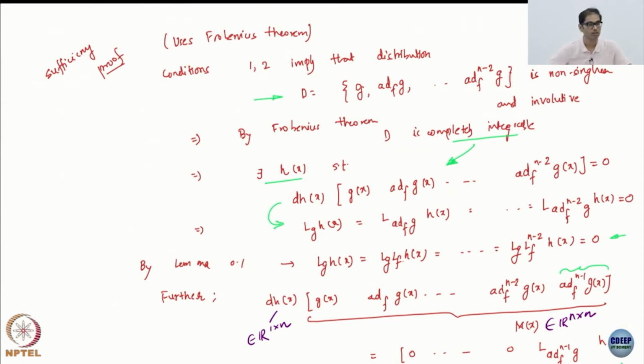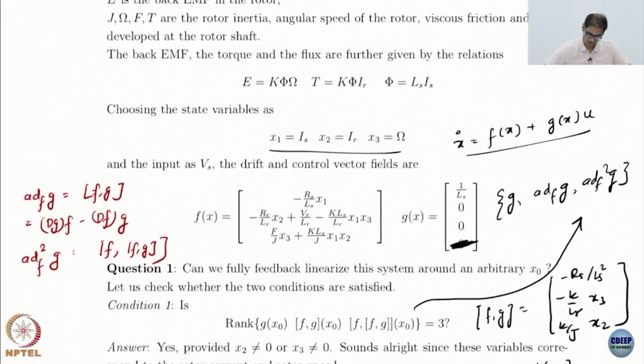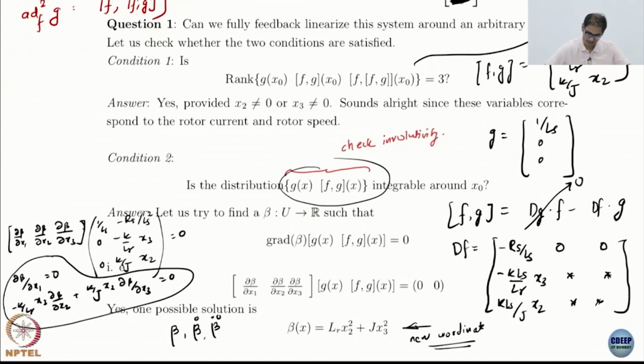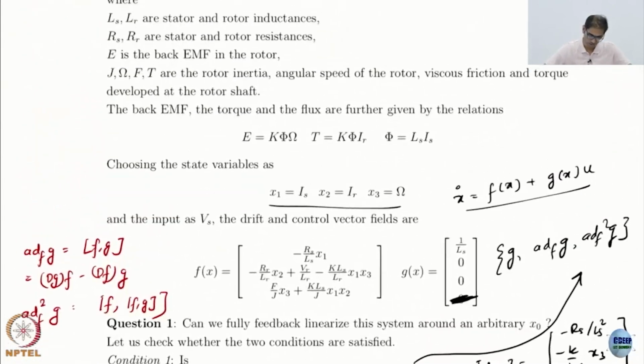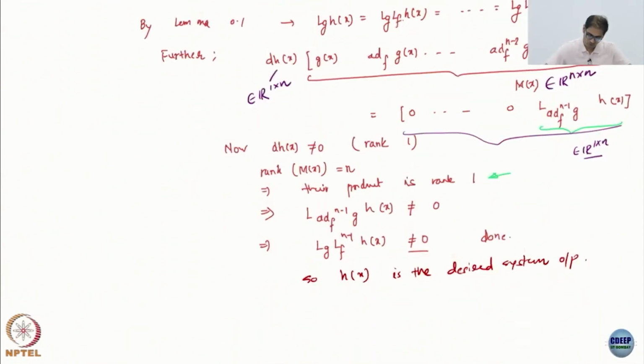So this is what we have seen in the Frobenius theorem, and we were looking at how to use it. For the fully feedback linearizable case, it gives us a very nice set of partial differential equations, so that you can actually identify this control. So we actually looked at it specifically for the DC motor case.